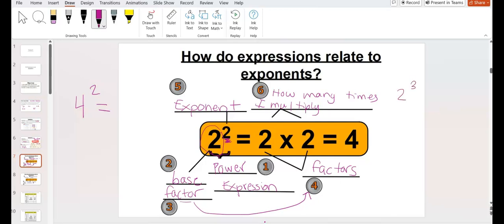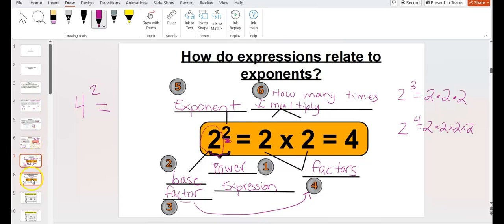So 2 to the third power would be 3 2's multiplied together. 2 to the fourth power is 4 2's multiplied together. And I can use the little x's or I can use dots to mean multiplication.